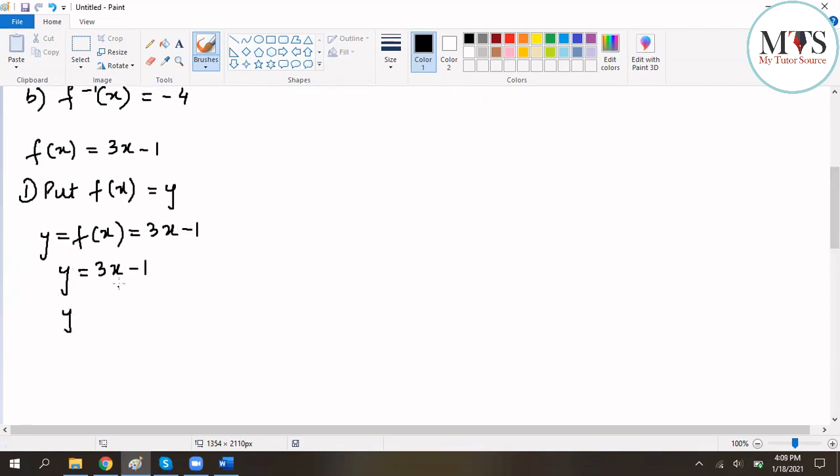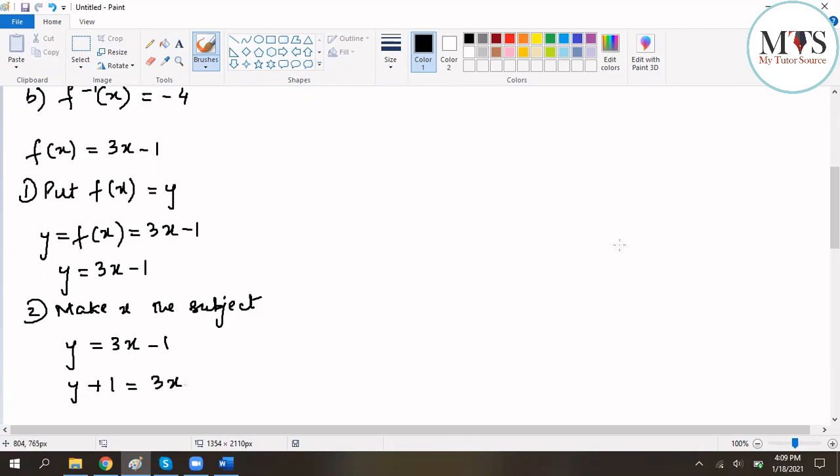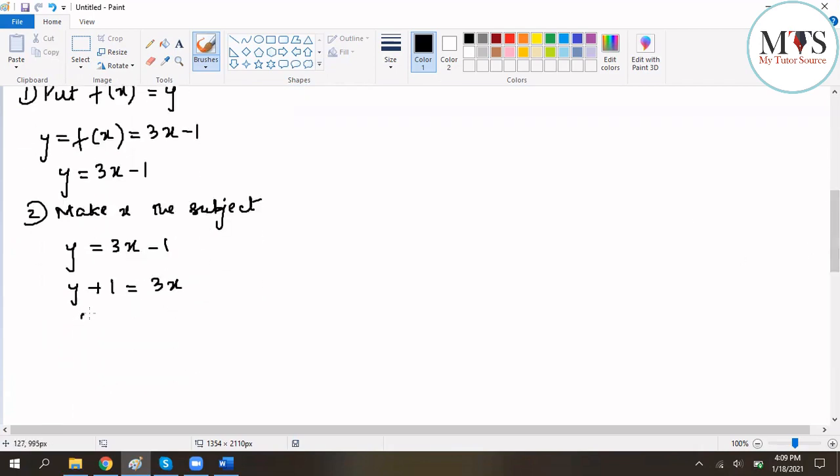Now we have to basically make x the subject. That's your second step. So in order to do that, you have to take everything on the other side. This is our equation. First we do y plus 1 equals 3x. And then we divide both sides by 3.